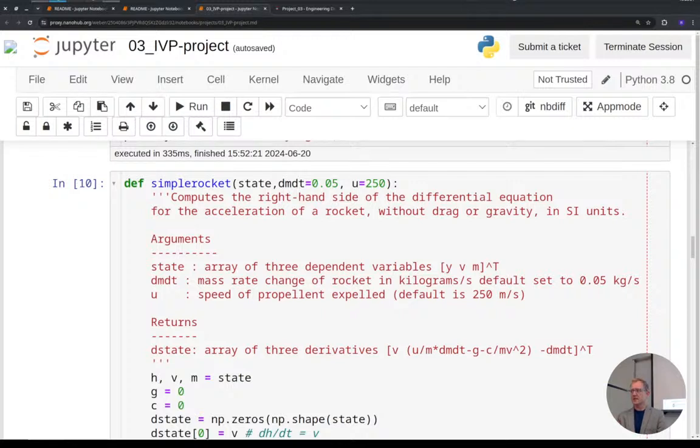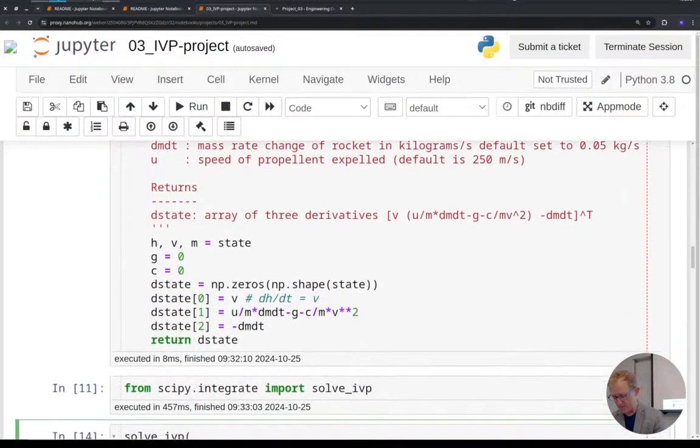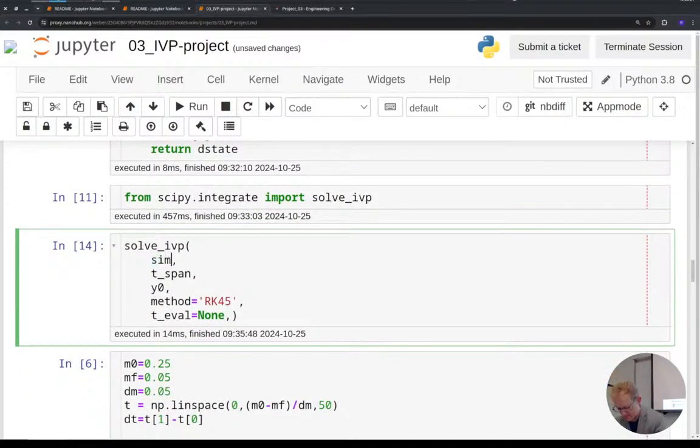So our function is that simple rocket, right? Given these initial values of 0, 0.25, I want to figure out how high it goes, how fast it's moving, and how much mass it has left. How long is the time span?